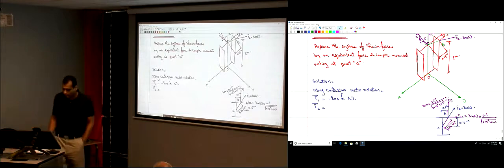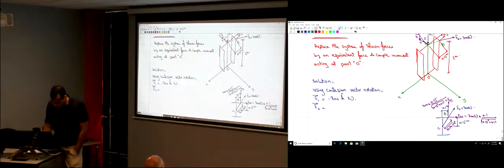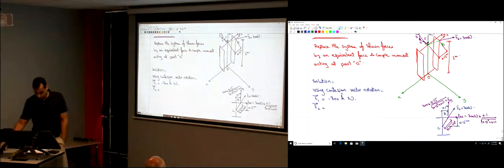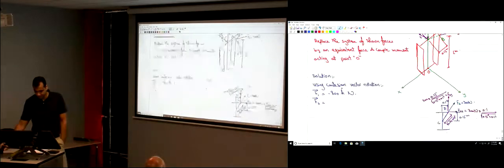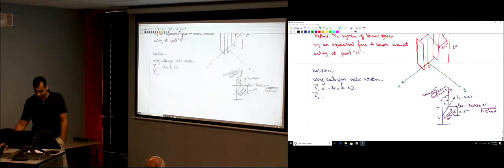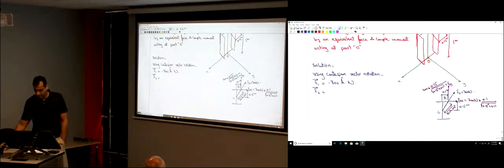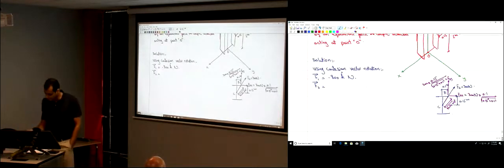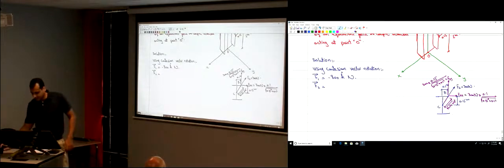Okay? So now I can write F2 using Cartesian vector notation. How much is the component in the x? Okay, let me put this. Actually, we needed to rotate this, okay?